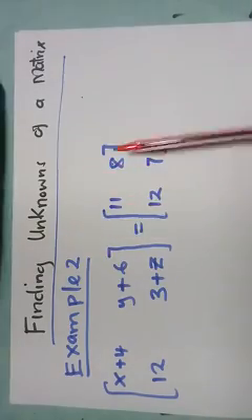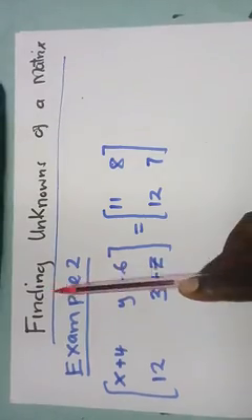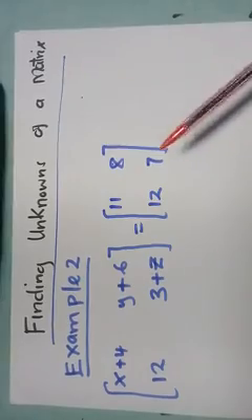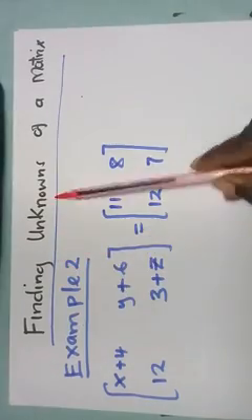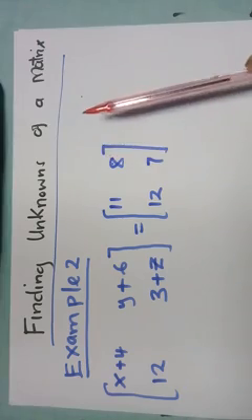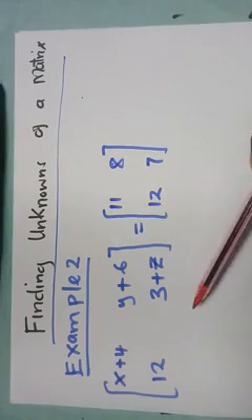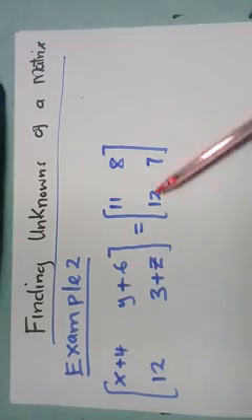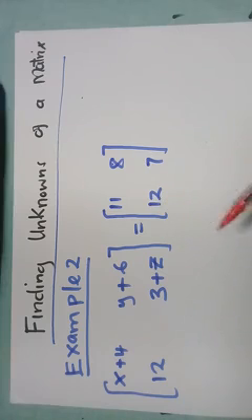Now up to there, let's proceed, and now let's look at example number 2. This is where we are trying to find unknowns. We are finding unknowns of given matrices. We are trying to find those unknown elements that make up certain matrices. I have formulated an example here to help us determine various unknowns.